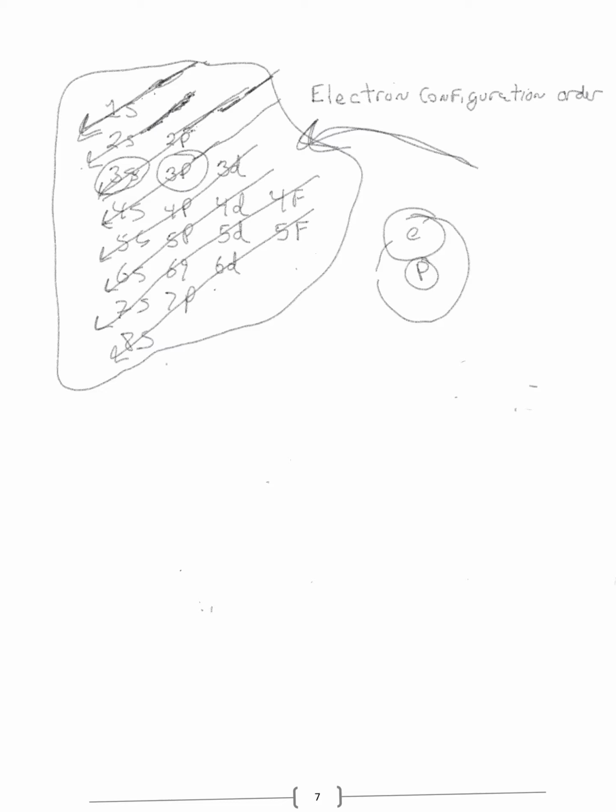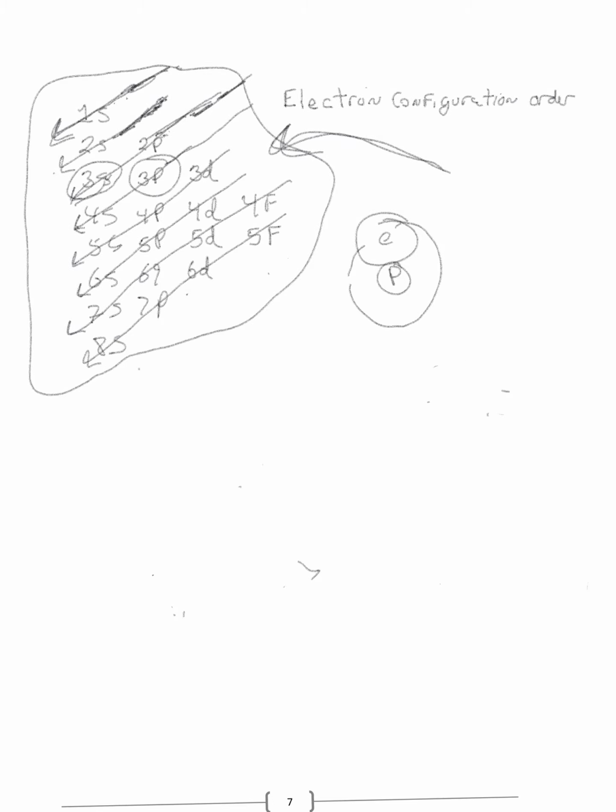Okay, so what we're going to do is represent the atom's nucleus by using the element symbol. So carbon, which we said has 6 electrons, but we're not going to represent all 6 electrons in electron dot notation. We just represent the valence electrons.